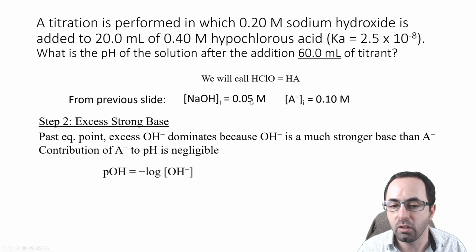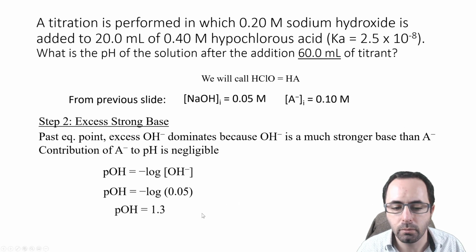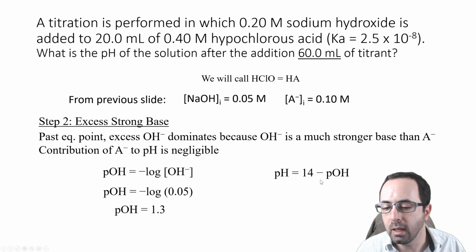So negative log of 0.05 equals 1.30 for the pOH, or 1.3 actually, because this has one sig fig. And finally, pH is 14 minus pOH, so 14 minus 1.3 is 12.7.